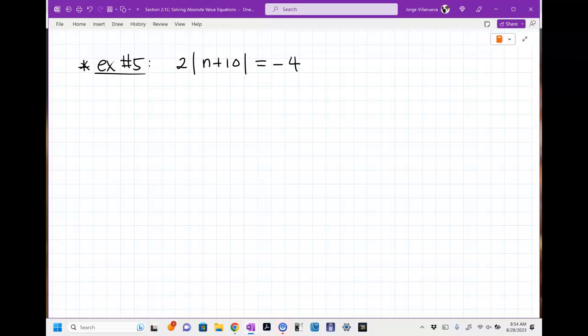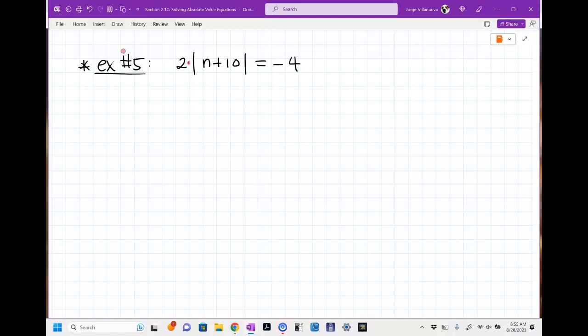So that 2 that's right next to it, how do I get rid of a 2 times? Distribute. Well, I can't distribute into an absolute value. So good thing you said that, because you cannot distribute into an absolute value. I would subtract 2 if it was adding, but it's not adding, it's multiplying. So divide. Yeah, let's divide it out, okay?